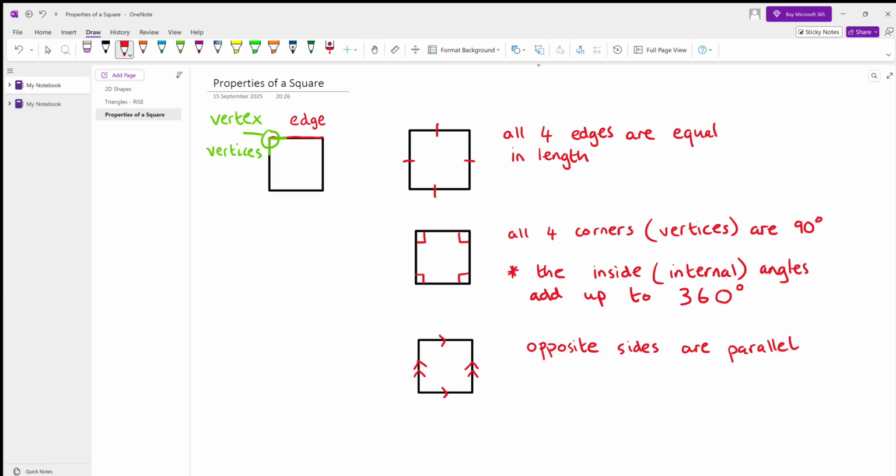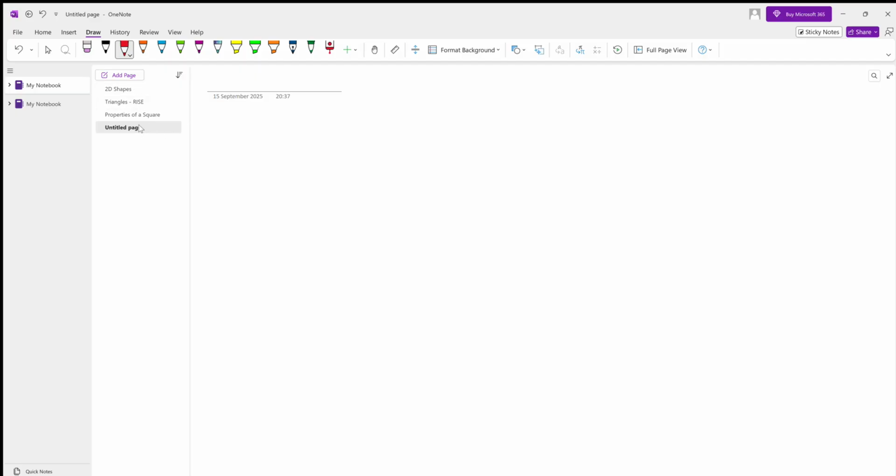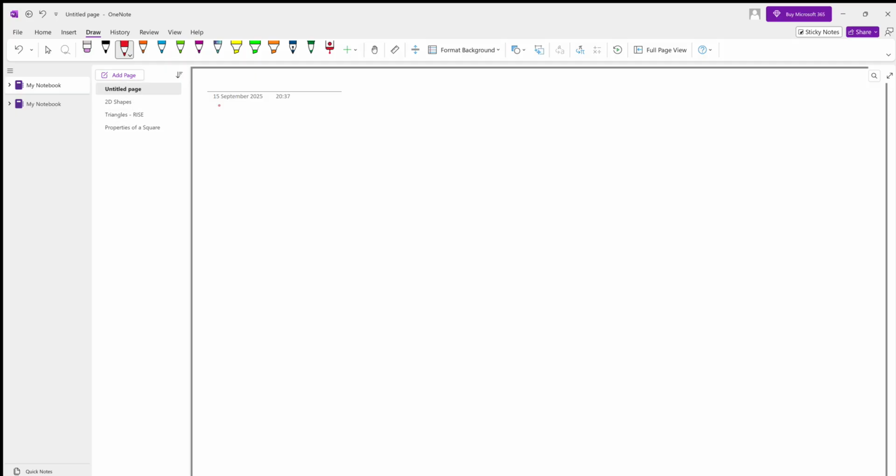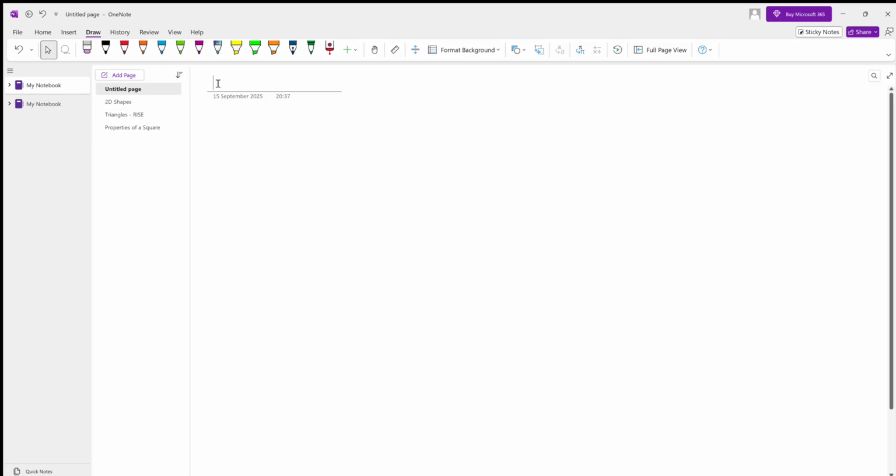Right, what does parallel mean? Let's have a look at this. I'll tell you what we're going to do: we'll add a page right at the top, and we're going to call it definitions. I think that would be a good one. Right, let's try to write a definition for parallel.